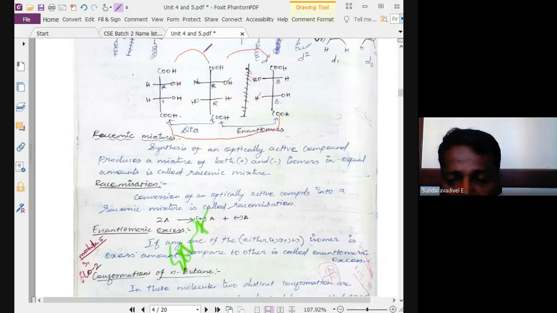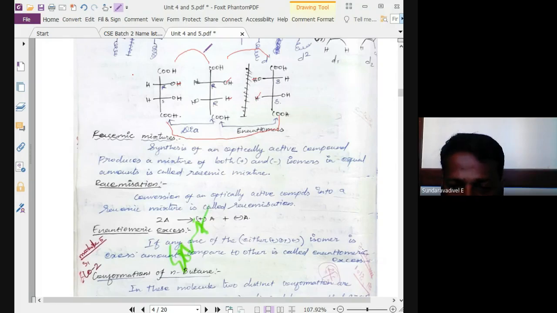That means 80 percentage of the plus isomer and 20 percentage of the minus isomer. That is called enantiomeric excess. If any one of the isomers is in excess amount compared to the other, that is called enantiomeric excess.